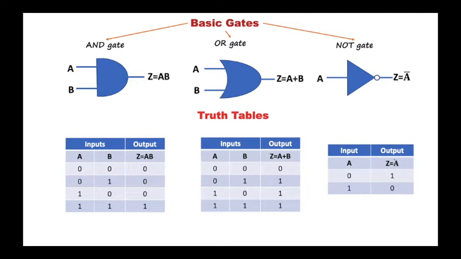Except for these three basic gates, there are also four different types of gates: NAND gate and NOR gate, which are universal logic gates, and also XOR gate and XNOR gate. So let's first discuss universal logic gates.